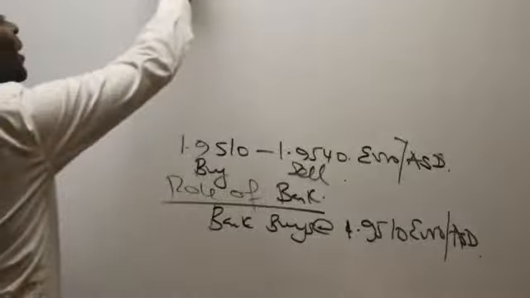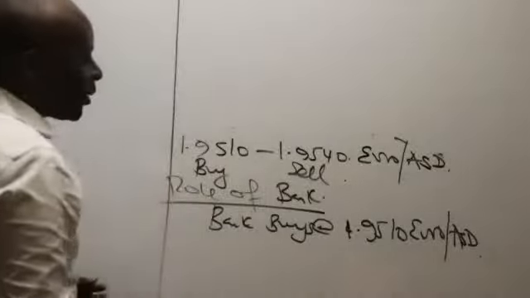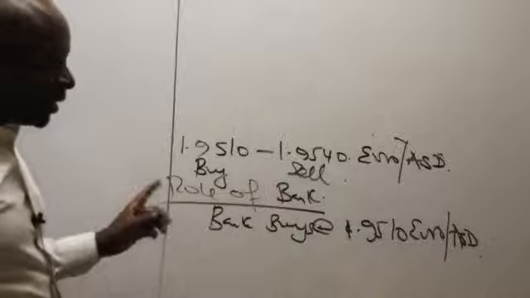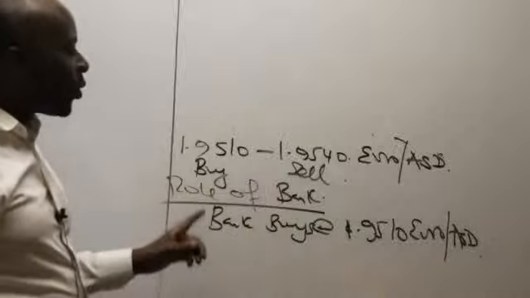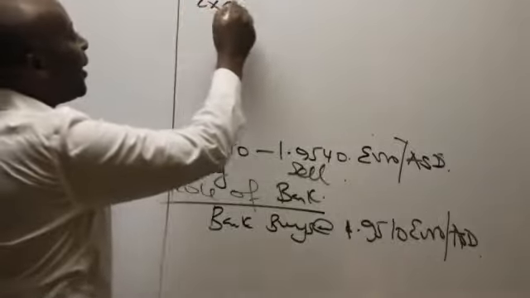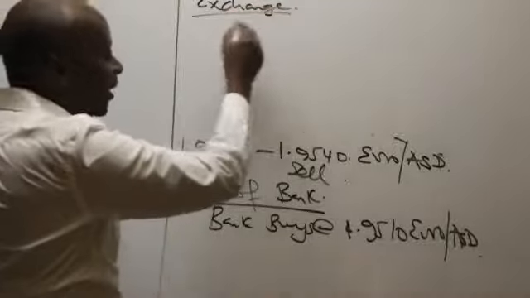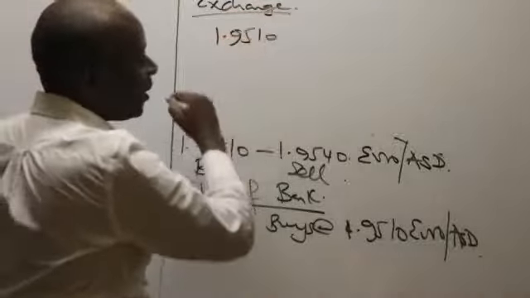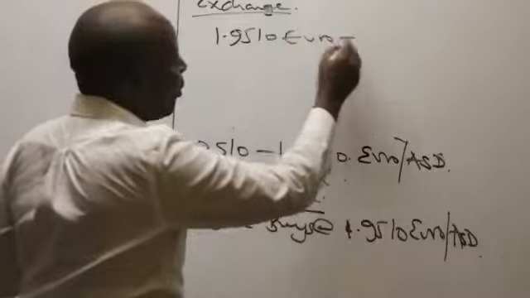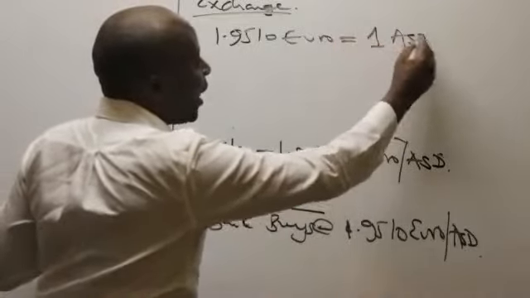So we have 1.9510 euro equals 1 Australian dollar.